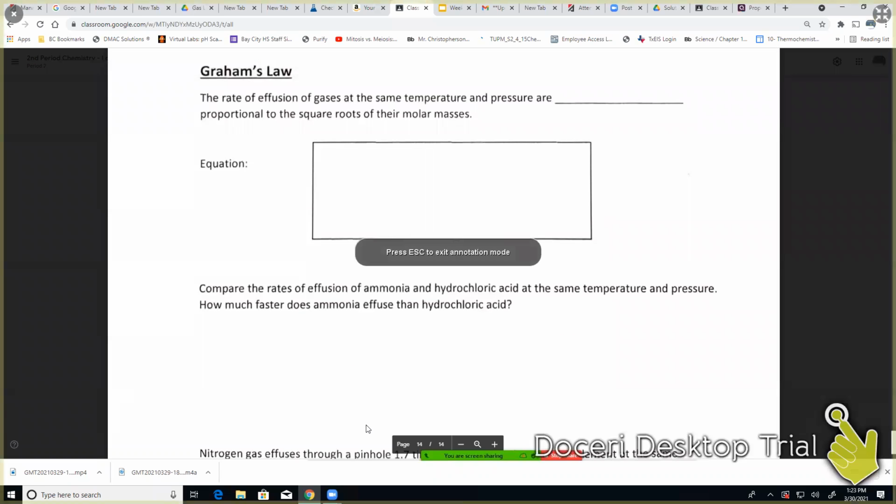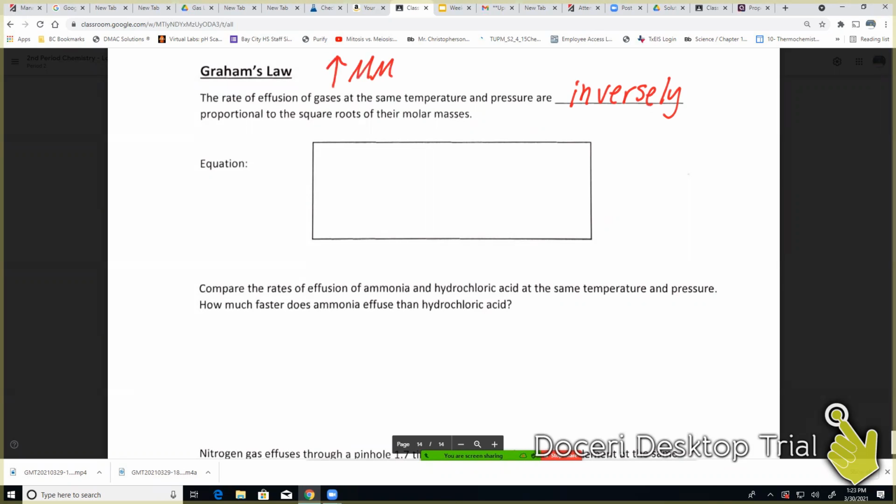Graham's law says the rate of effusion of gases at the same temperature and pressure are inversely proportional to the square roots of the molar masses. So what that is saying is if I increase the molar mass, I'm going to decrease the rate of effusion. The heavier the gas, the slower it would move, so that rate would decrease.